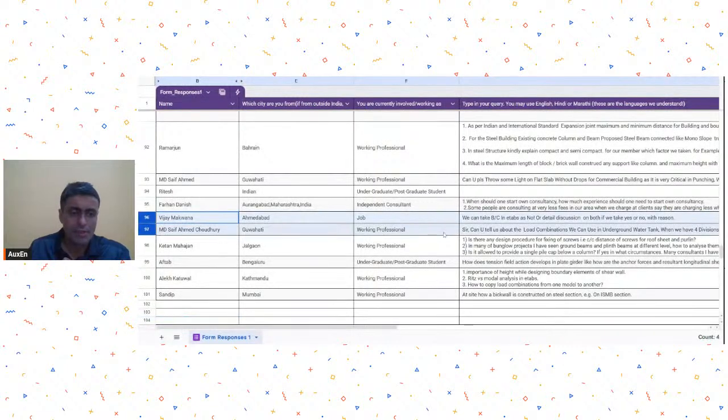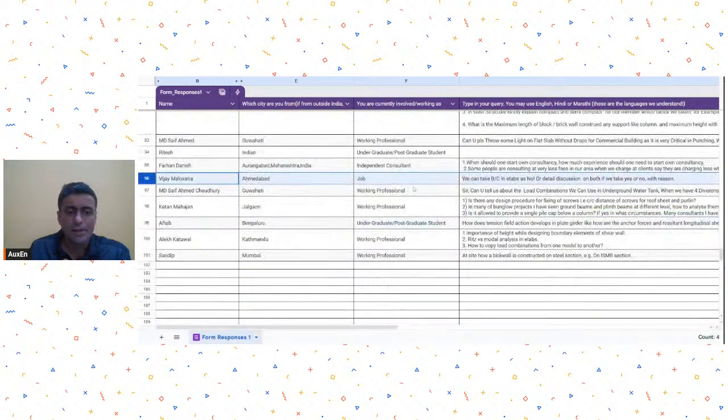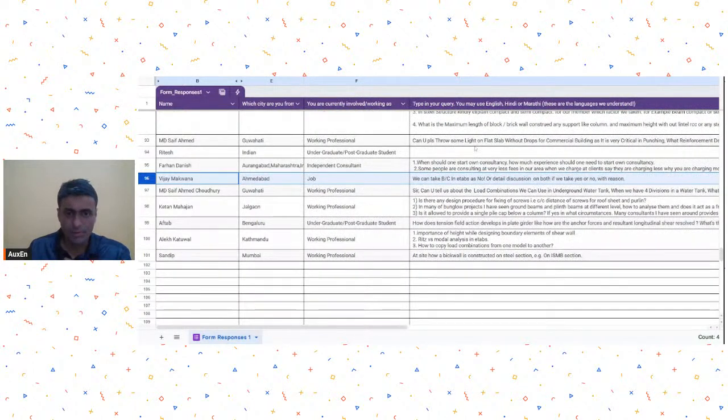So Mr. Vijay Makwana, he's from Ahmedabad. He's asking, can we take beam column capacity in ETABS as no? No. So to understand beam column capacity, please go through IS 13920. They have explained in depth the conditions under which you have to consider the beam column capacity ratio.